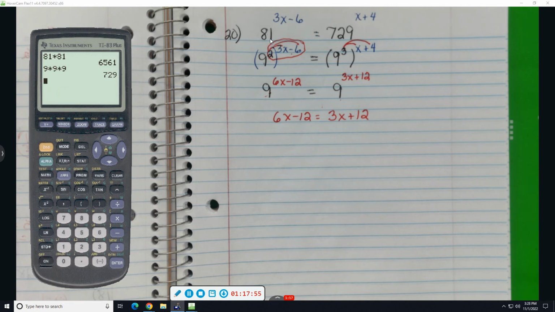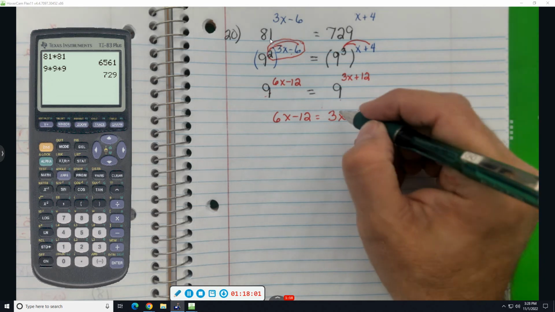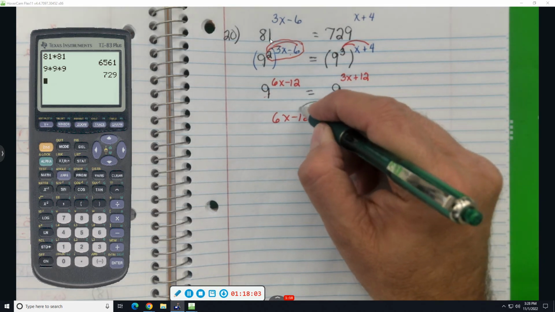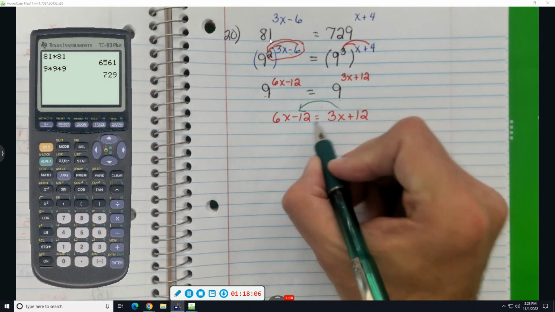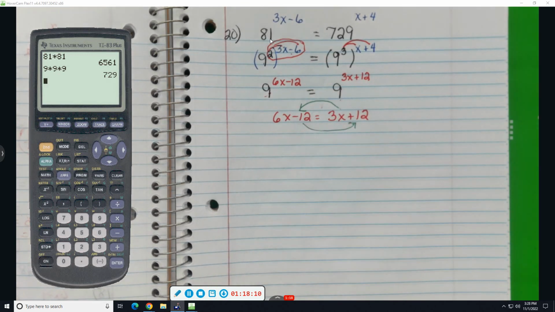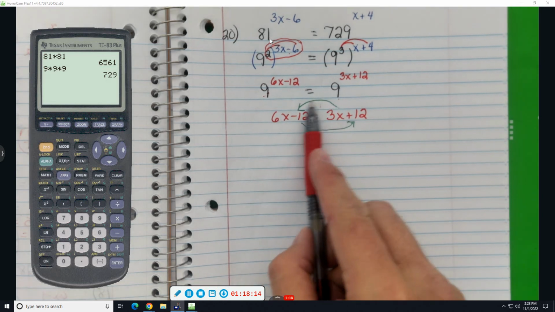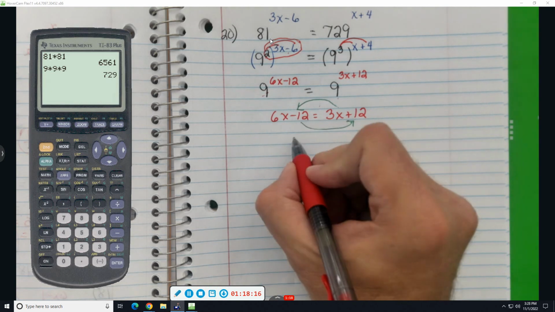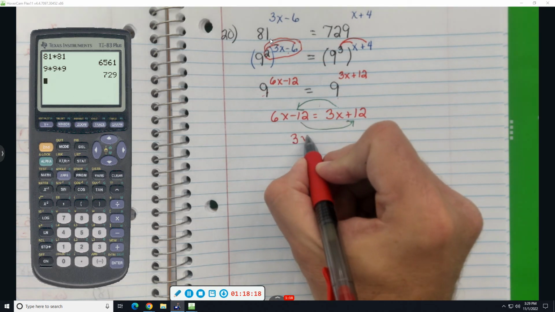So this is a linear equation. In order to solve it, I'm going to put all the x's onto the left. I think I'll move the numbers on the right. Is it clear what I'm doing with those arrows? 6x minus 3x would give us a 3x on the left.